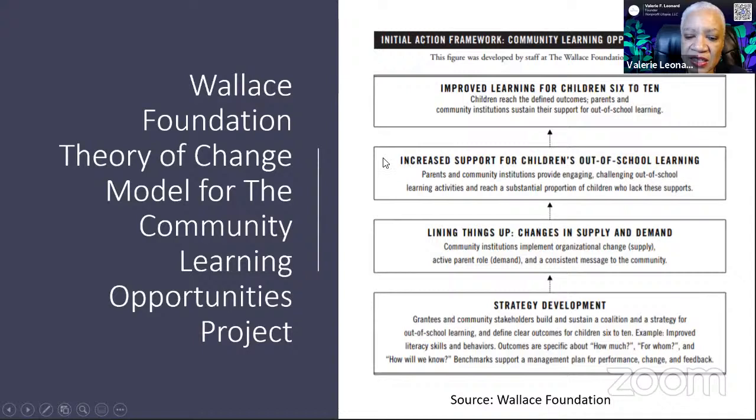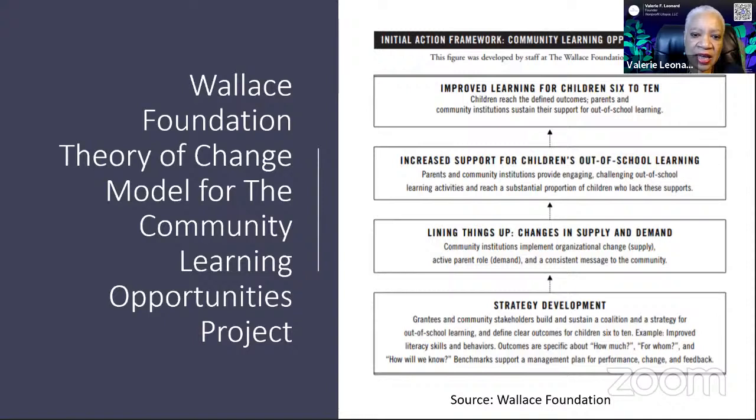And then the next step is increase support for children's out-of-school learning. They wanted to see programs in which parents and community institutions provide engaging, challenging out-of-school learning activities, so not just babysitting, and reach a substantial proportion of children who lack these supports. So again, we're talking about scaling. We're not looking at one organization and their 25 to 50 kids.